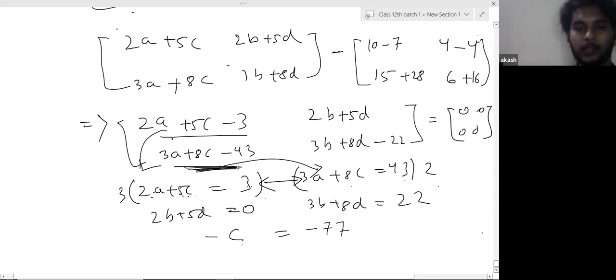I think I also made some mistakes. C is 77. Put that in any of the equations. Let's put it into 2A plus 5C is equal to 3.